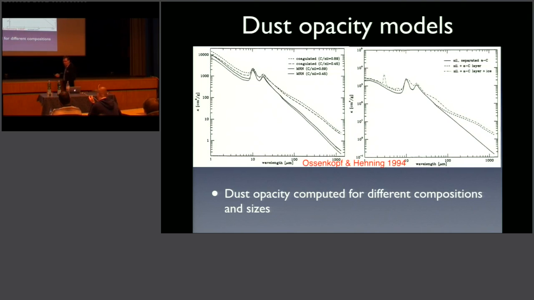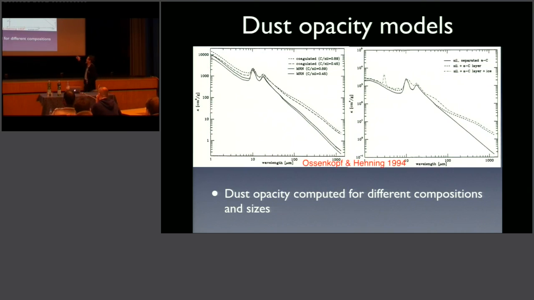Another important effect that you have in the dense regions of molecular clouds, and this is what was computed here, is that when the density increases, the collisions among grains become important, and the grains start to grow, as was discussed by Willy yesterday. This growth of the grains produces a variation of these dust opacities.